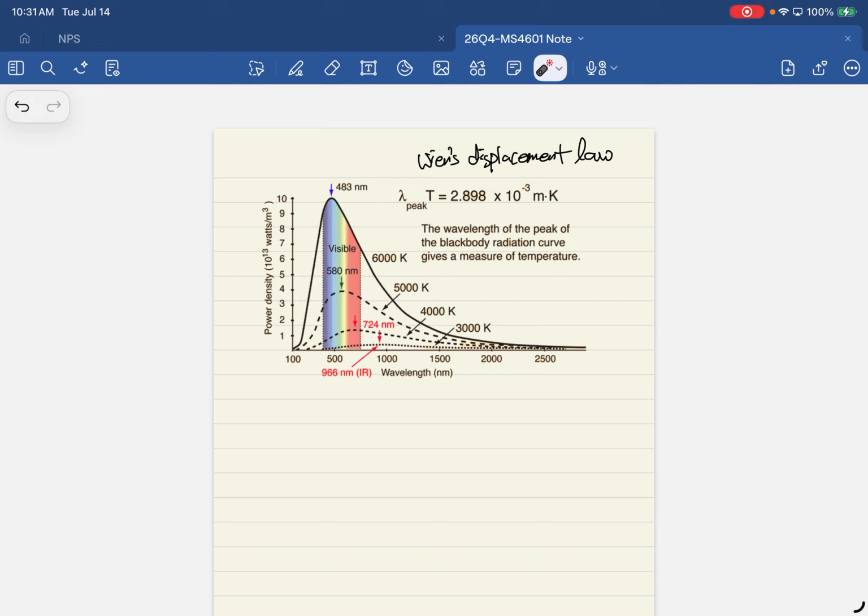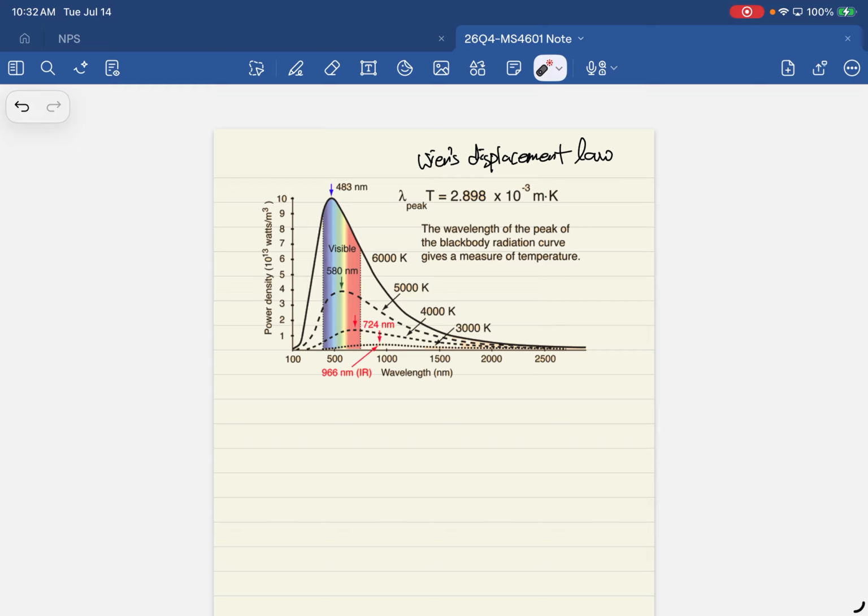For example, let us look at a 6,000 Kelvin blackbody and a 3,000 Kelvin blackbody. For 6,000 Kelvin, you multiply by this T, and lambda peak has to be this value. It turns out that lambda peak is 483 nanometers.